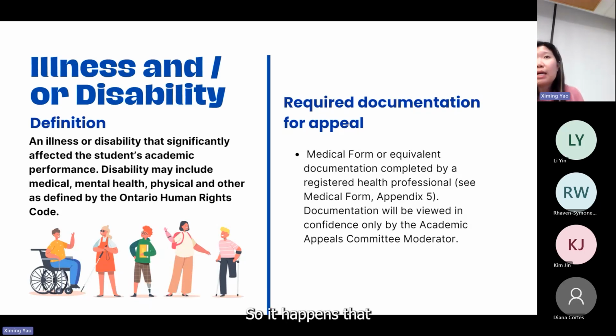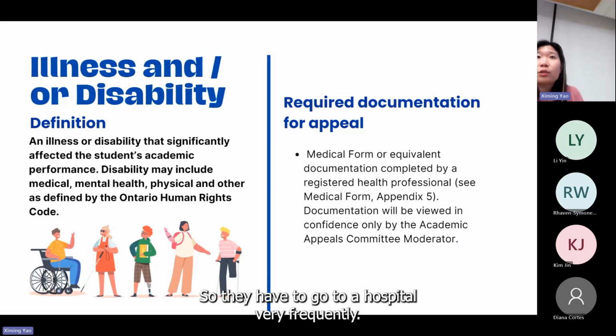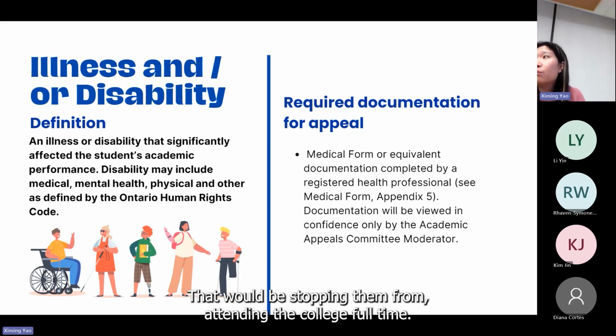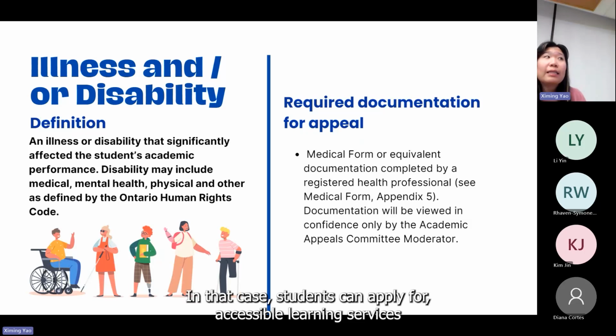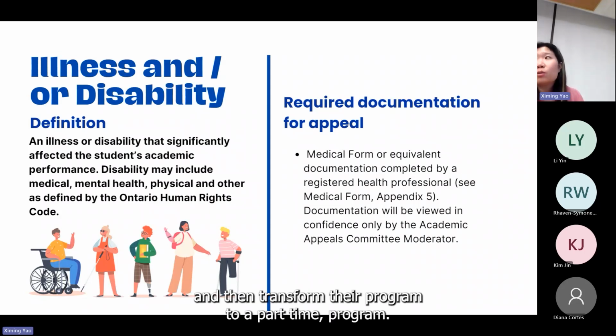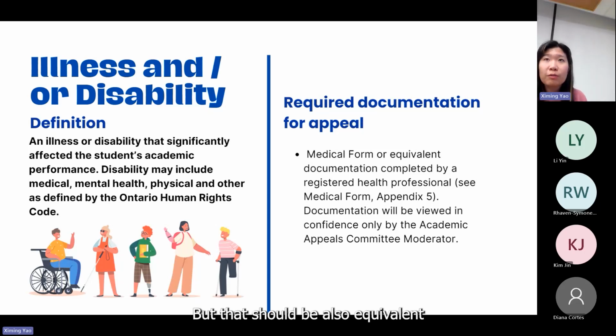It happens that during a semester, students fall sick, so they have to go to a hospital very frequently. That could be stopping them from attending the college full-time. In that case, students can apply for accessible learning services and transfer their program to a part-time program, but that should also be equivalent to full-time study because they are on accommodation.